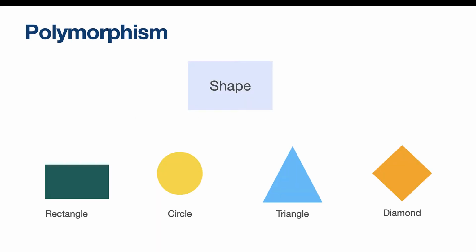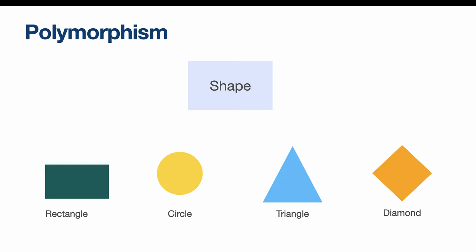All right. So let's say we have a shape class and rectangle, circle, triangle, and diamond classes. The shape class can be a superclass, and rectangle, circle, triangle, diamond can be subclasses. So you can choose what shape you want, and you can have your own implementation in that.